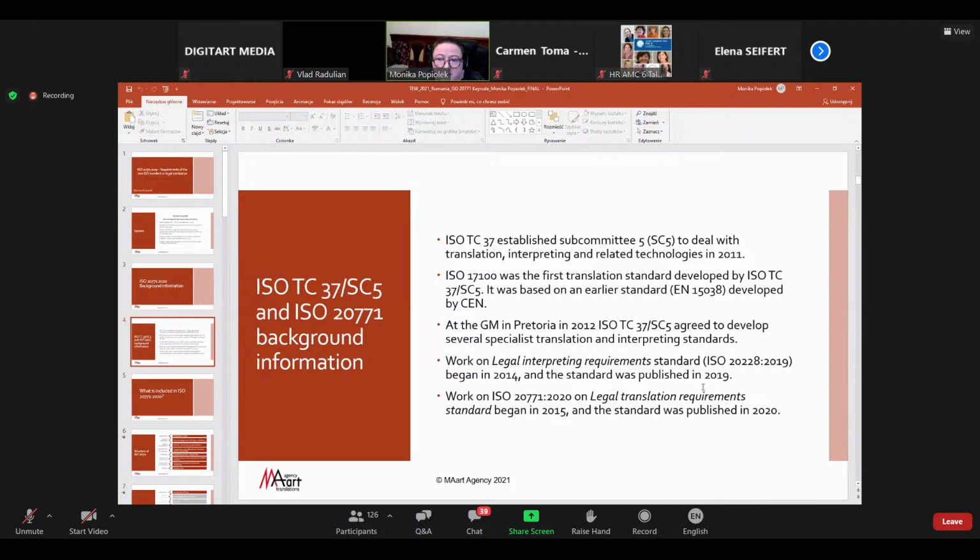So in that sense, ISO 27771, which we started on in 2015, and it was published in 2020, it's more sort of a strict standard which has a better, I would say, certification potential. So that's the main sort of difference. So it's a sort of a brother and sister relationship, but it's not exactly parallel.